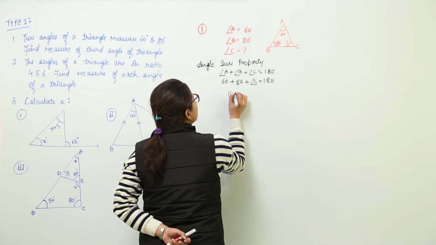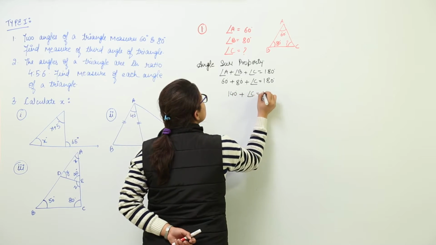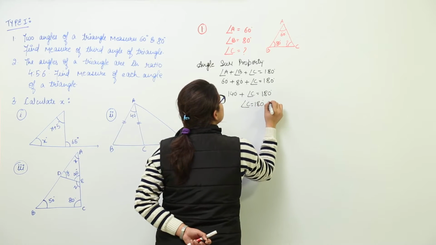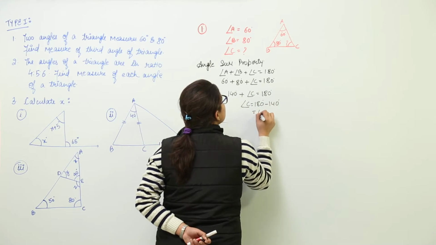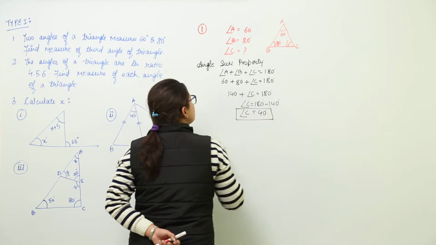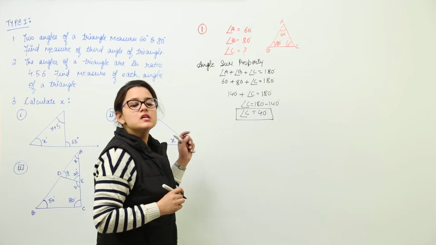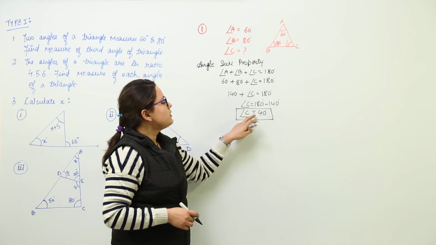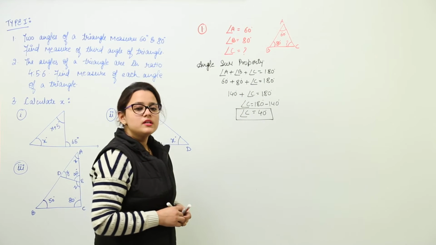Here we get 140 plus angle C is equal to 180. Now angle C comes out to be 180 degrees minus 140, giving us 40 degrees. So angle C, that was to be found, or you can say the third angle of the triangle having two angles as these, should be 40 degrees, and that will make the triangle.